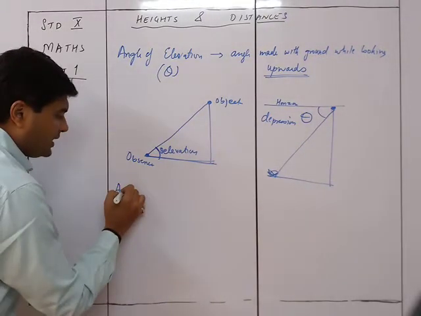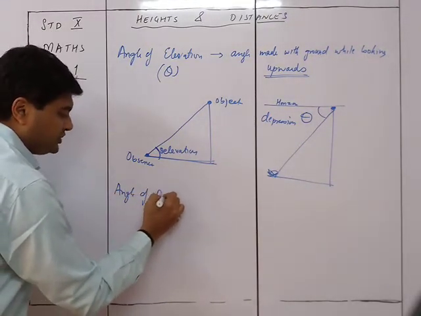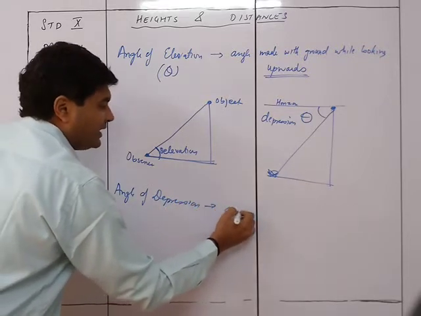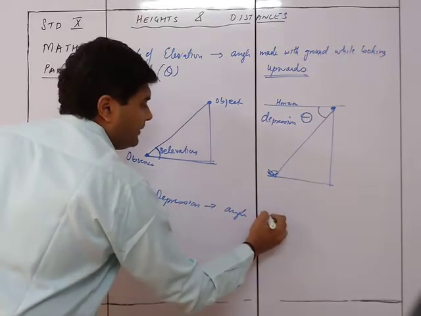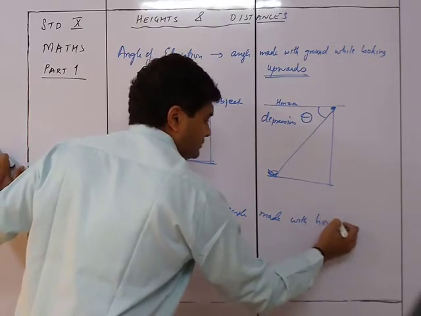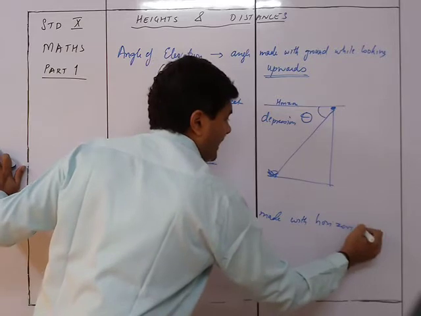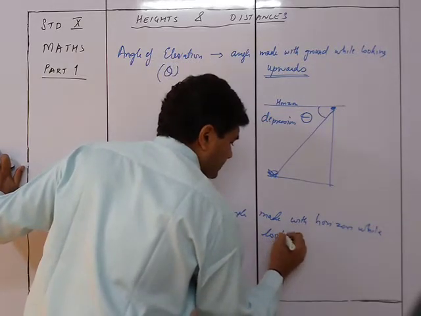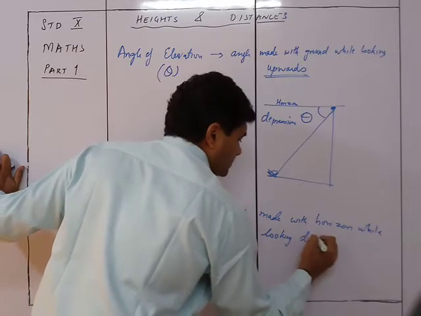So angle of depression is the angle made with the horizon while looking downwards.